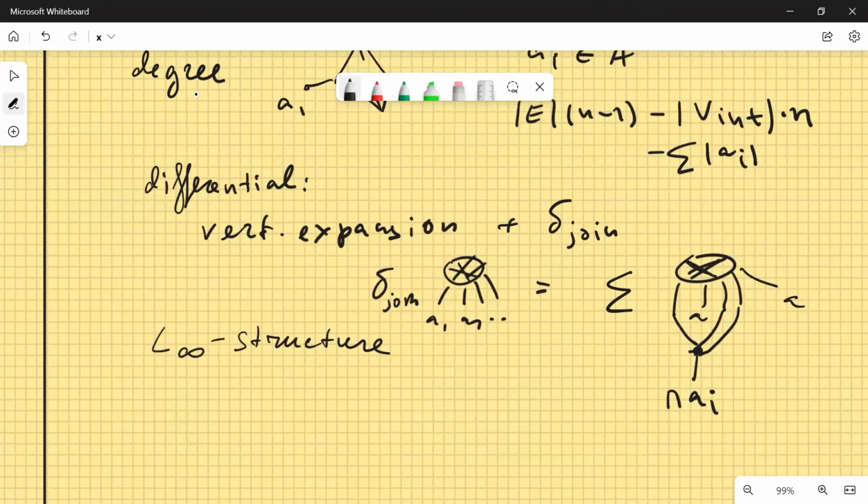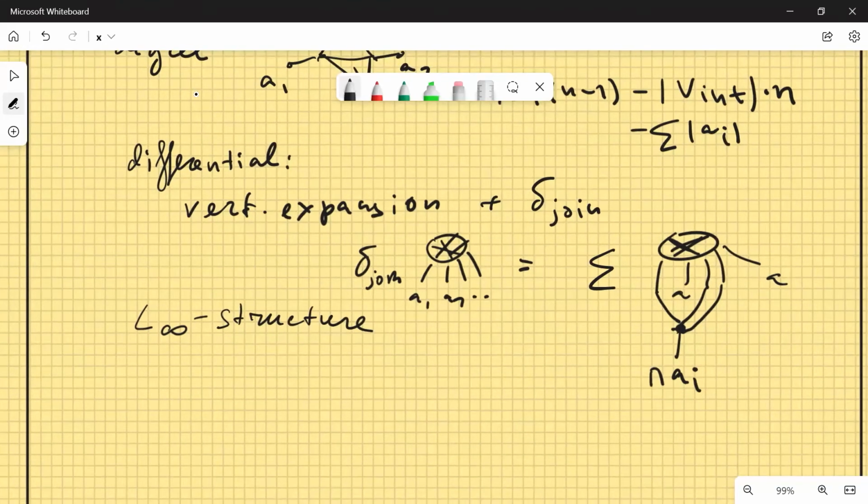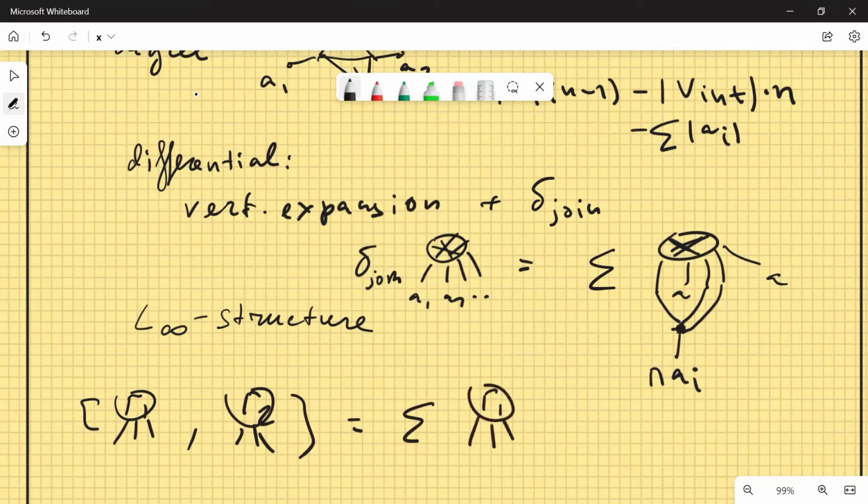So the L-infinity structure is defined in the same way as delta join. For example, when we take the bracket of two graphs, gamma 1 and gamma 2, we also take the sum of possible ways to join hairs from gamma 1 and gamma 2.